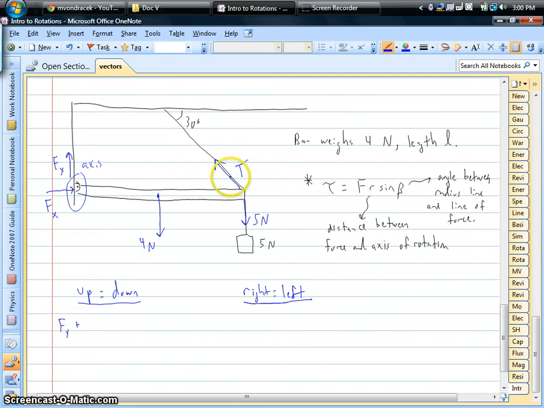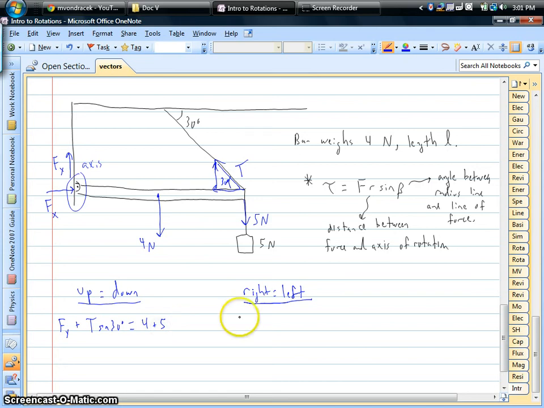But now there's also a component of the tension. If we make our triangle over here, part of it points up. That's a 30-degree angle right there. So whatever the tension is times sine 30 is the upward force, and then we have a total of 9 newtons of gravity pointing downwards.